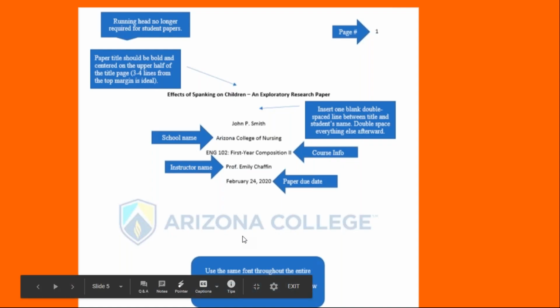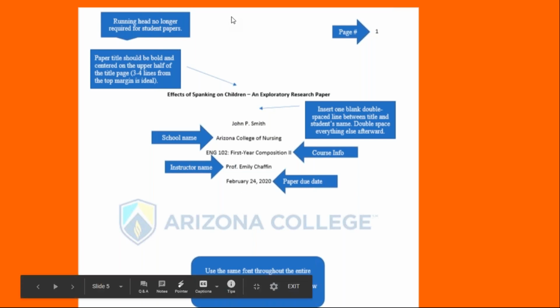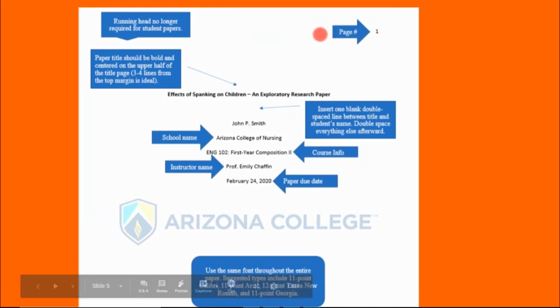So you should be looking at a sample title page. So we see here what APA 7th edition looks like for your title page. So at the top, running head is no longer required for student papers. However, you still do need the page number at the top right here.